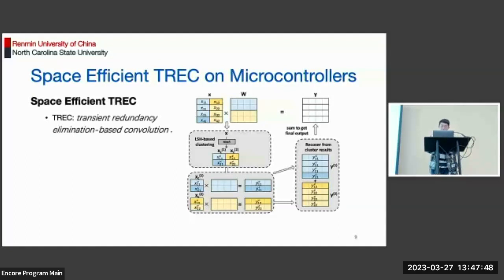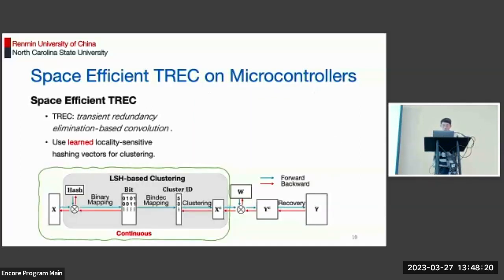The key idea behind this is that strong similarities exist among neural vectors. Here, a neural vector is composed of several consecutive elements in a row of the unfolded input matrix X. Therefore, the neural vectors can be clustered into a small number of groups, and the computation results from the cluster centroids of each cluster can be reused by all the neural vectors in the same cluster.